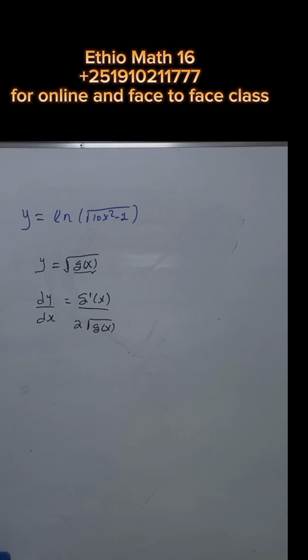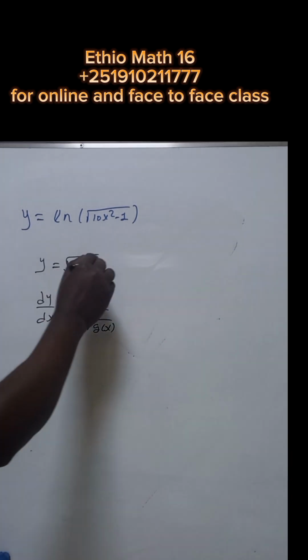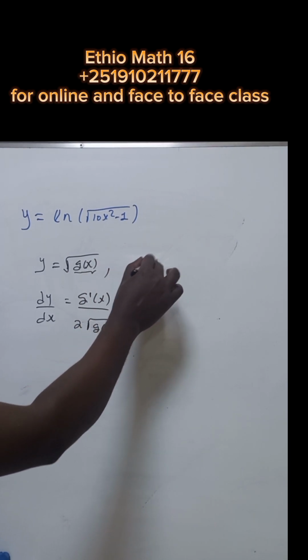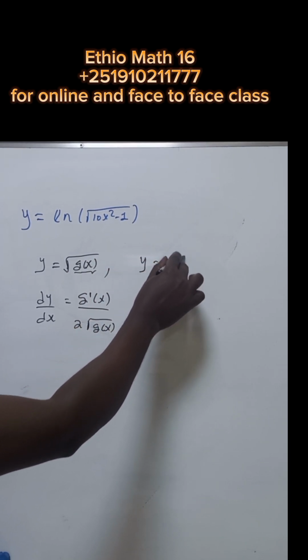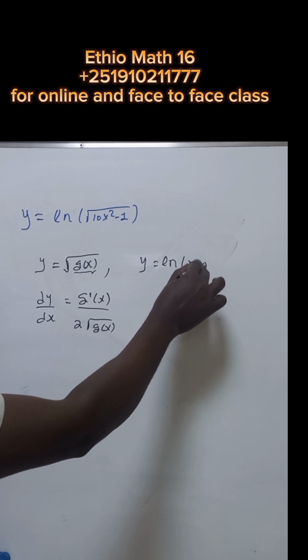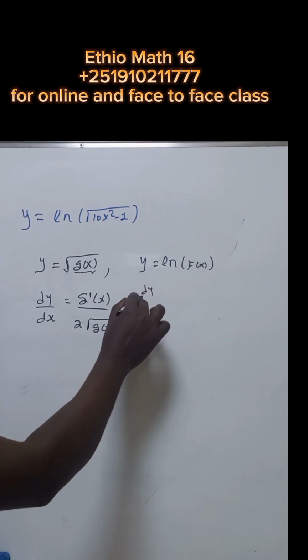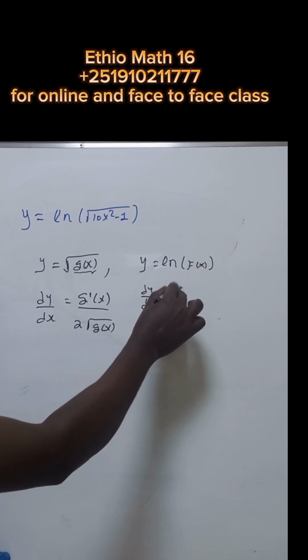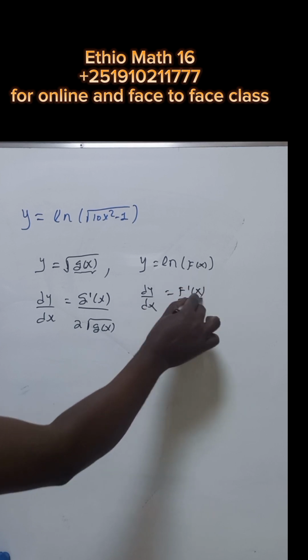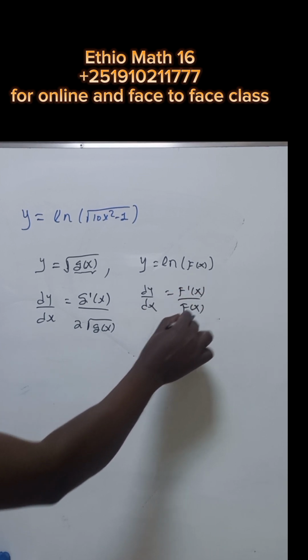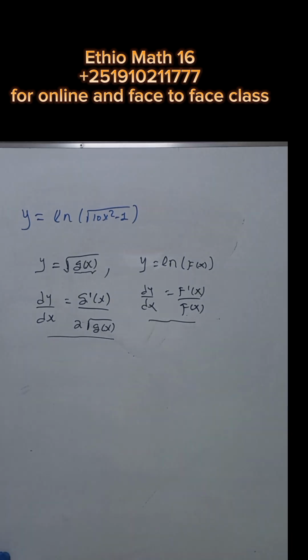And as I have already said before, if there is a function given by ln of f of x, then dy divided by dx is going to be f derivative over simply f of x. Combining these two, we can find the derivative of this problem.